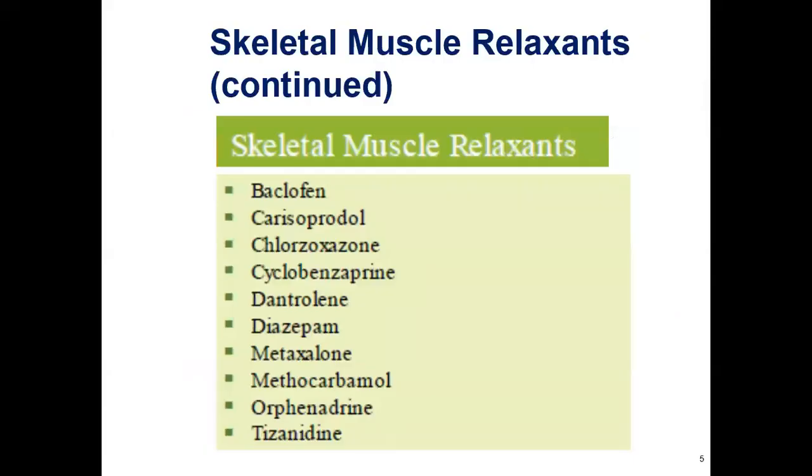Now, what is the drug list we use as a skeletal muscle relaxant? Keep in mind, we are going to focus on skeletal muscle, but we have three kinds of muscle in the body. One is cardiac muscle, so we are not talking about medication that works on cardiac muscle.